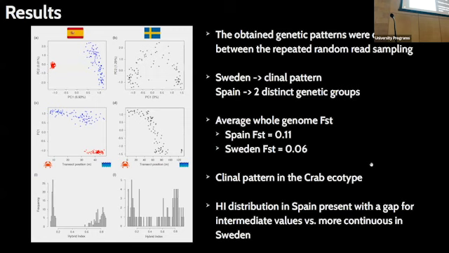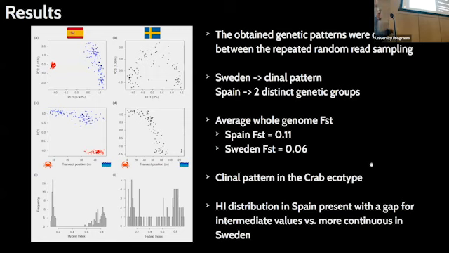In Sweden, we have a kind of continuous genetic variation along the transect from crab to wave, while in Spain, we have a very different type of genetic pattern, where there are two clear distinct clusters that correspond to the two ecotypes.